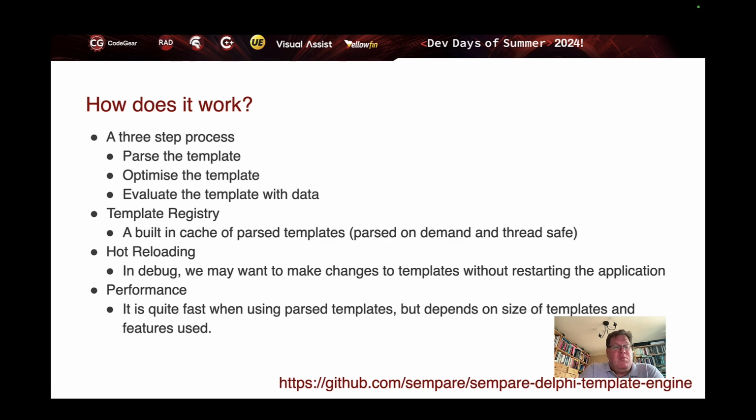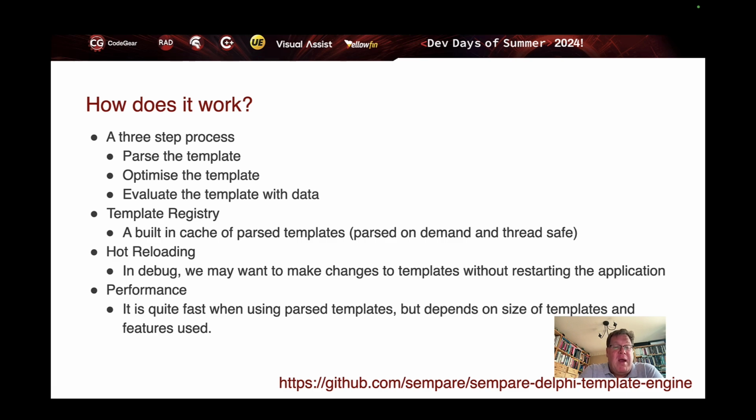And lastly, just a small note on performance. As I mentioned, parsing is something that can potentially take a little while, and so it's very hard to give you a like-for-like benchmark as to say, okay, this is exactly how fast it is, because it depends on the size of the template and what features are being used.